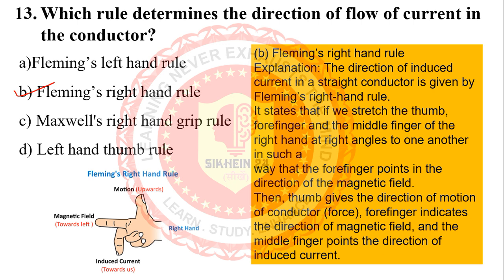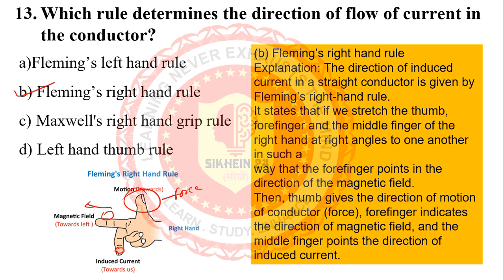It states that if we stretch the thumb, forefinger and the middle finger of the right hand at right angles to one another in such a way that the forefinger points in the direction of magnetic field, this is the magnetic field, and then the thumb gives the direction of motion of the conductor, that is force.